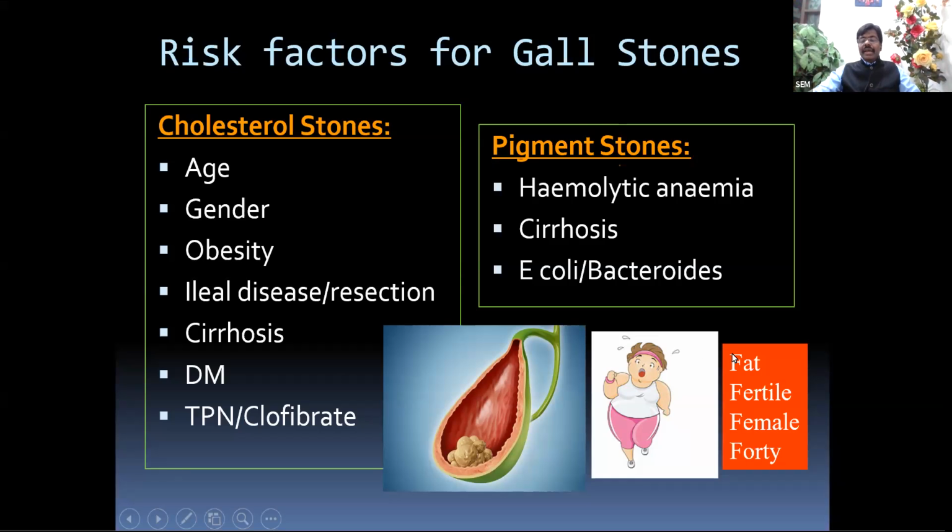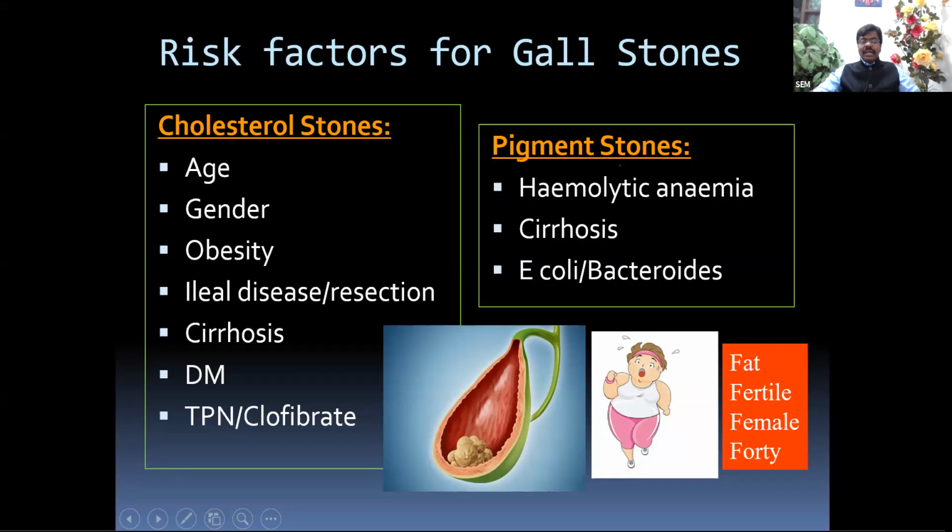That's why we say any patient who is fat, multiparous, fertile, female, especially because of the hormonal changes, and in the age group of 40 to 50, a middle-aged lady. So the 4 Fs are notorious for developing stones, especially the cholesterol stones, and subsequently the pigment stones and also the mixed stones.